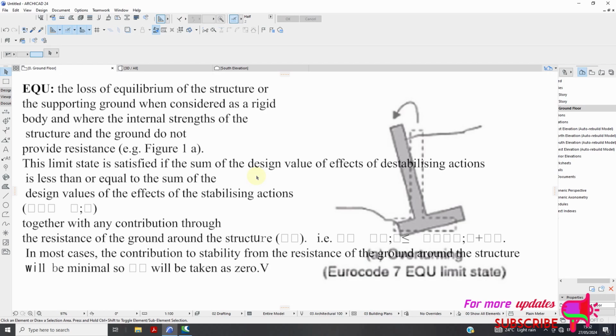In most cases, the contribution to stability of the resistance of the ground around the structure will be minimal. So the action or resistance due to ground, that is TD, will be taken as 0.